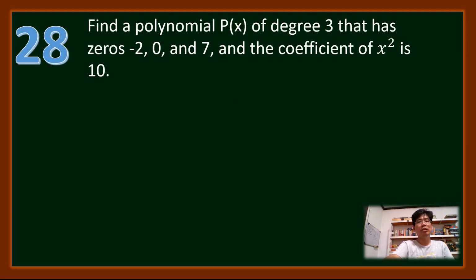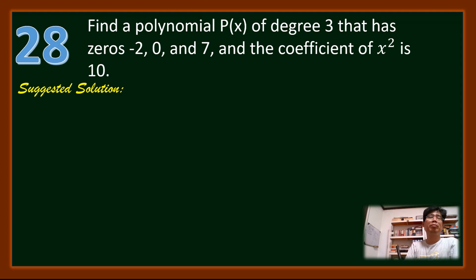Number 28. Find the polynomial p of x of degree 3 that has zeros negative 2, 0, and 7, and the coefficient of x squared is 10. Here is our suggested solution.